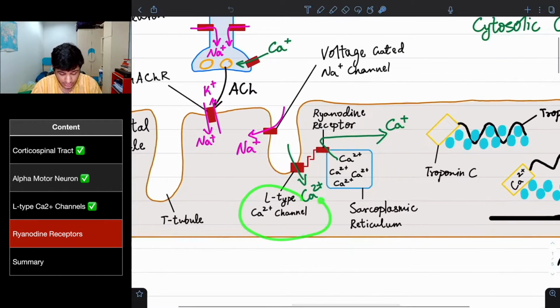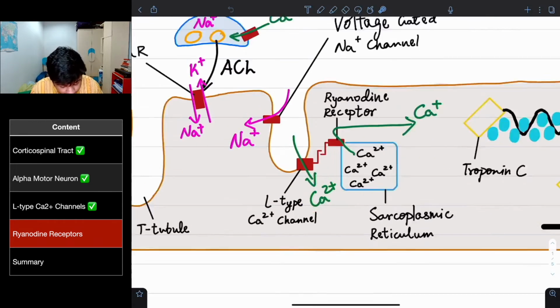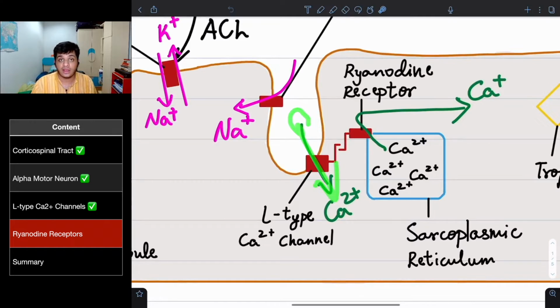This triggers the L-type Ca2+ channels, allowing Ca2+ ions to enter the skeletal muscle cell. Because of this influx of calcium ions, there is a mechanical interaction between this L-type Ca2+ channel and the receptor called the ryanodine receptor, which is in the membrane of the sarcoplasmic reticulum.